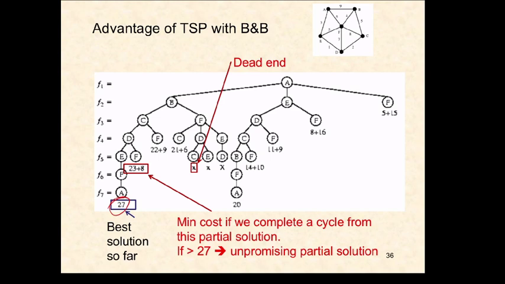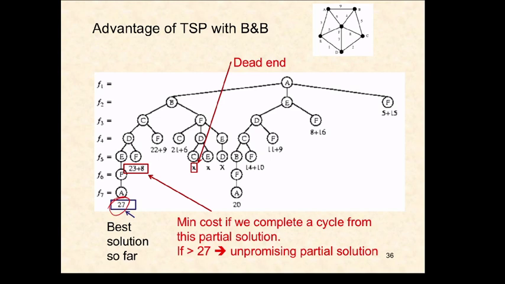And then as we backtrack and try other branches, every time we have a real cost, we want an estimate of what it would take to finish this cycle. And if you can give me that estimate faster than it would take me to actually finish it, I might save some time.